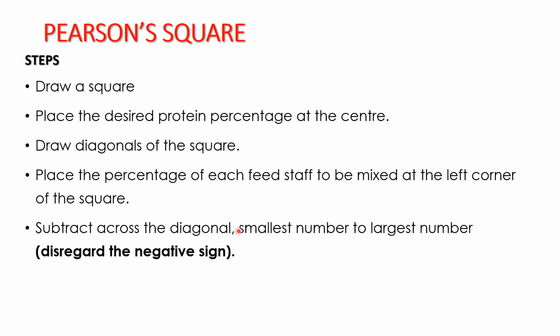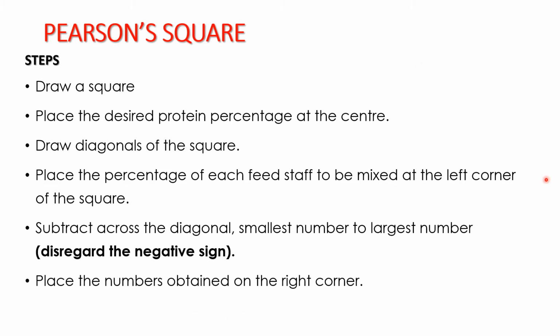Make sure that when you are subtracting across the diagonal, the smallest number is subtracted from the largest number. Definitely it means we're going to have a negative number, but we just disregard the negative sign. Then lastly, you place the numbers obtained after subtracting across the diagonal on the right corner.